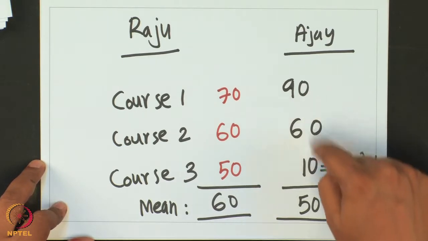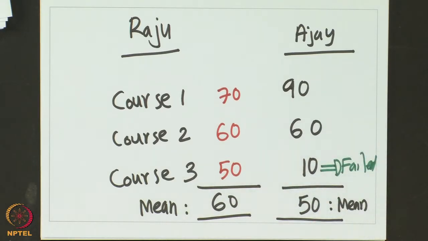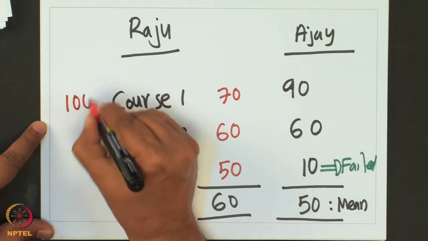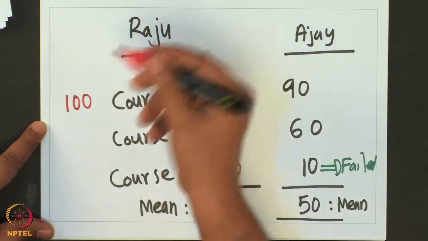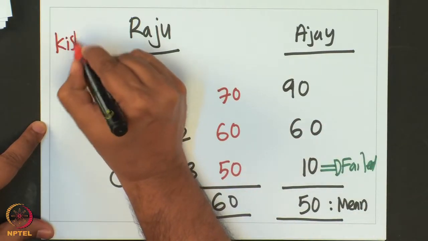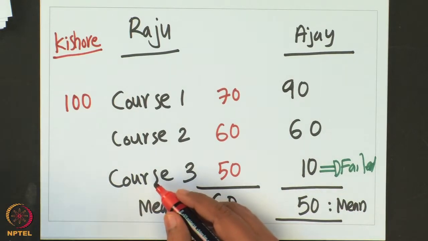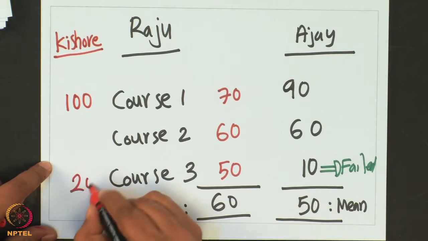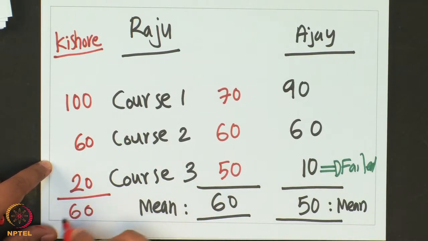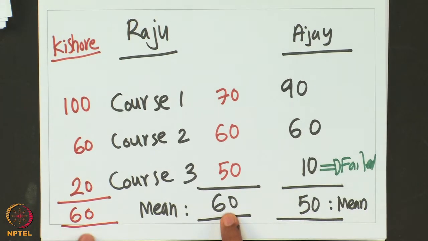This kind of information is lost. Similarly, a fourth person, Kishore, could have numbers 100, 20 and 60. This would have the mean 60. So here also the mean of this and the mean of Raju's marks is exactly the same.